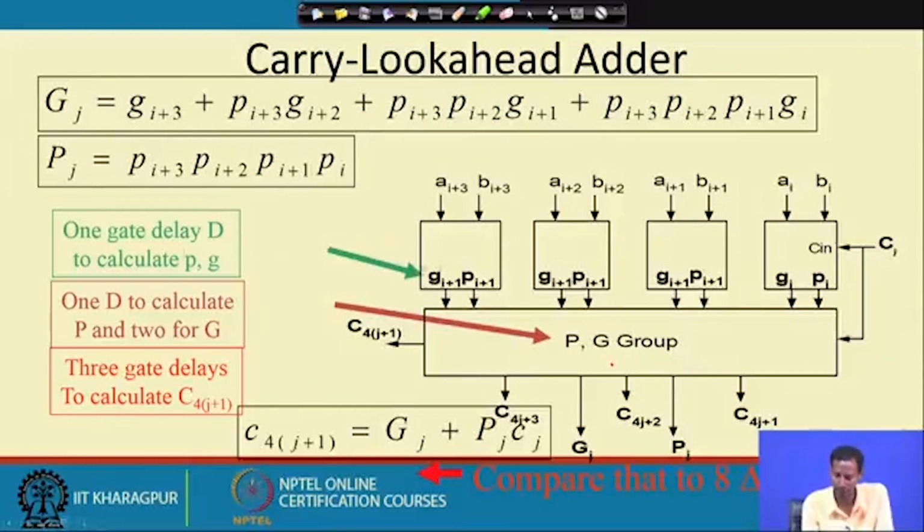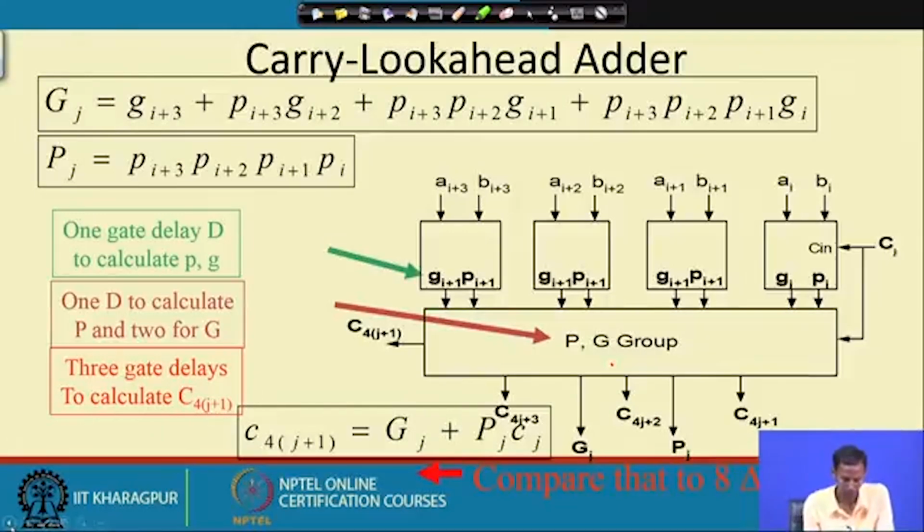So, that means 1 gate delay for these particular things, and for this P and G group, 1 gate delay to calculate P and 2 for calculating G. And for the final Ci+j, it needs 3 gate delays to calculate C4j+1.